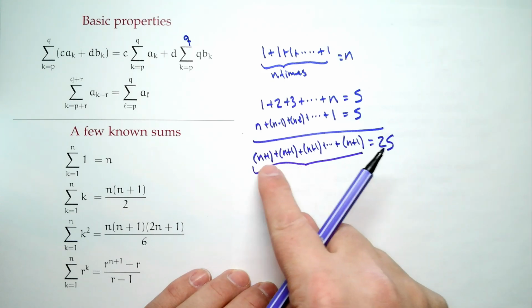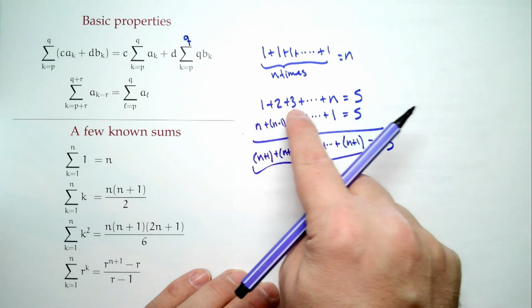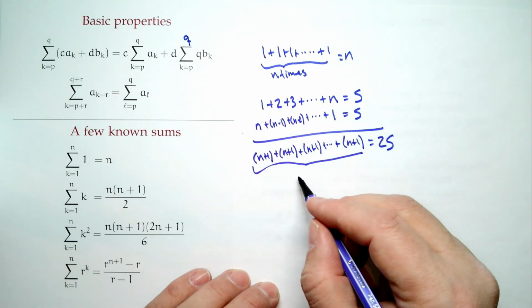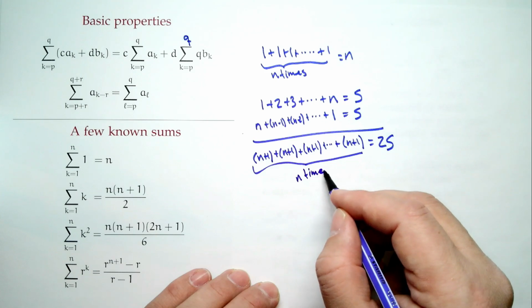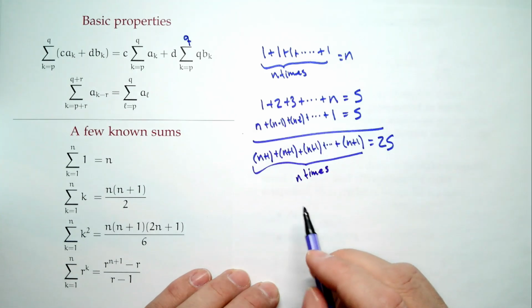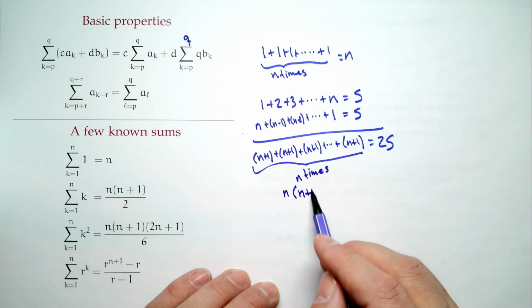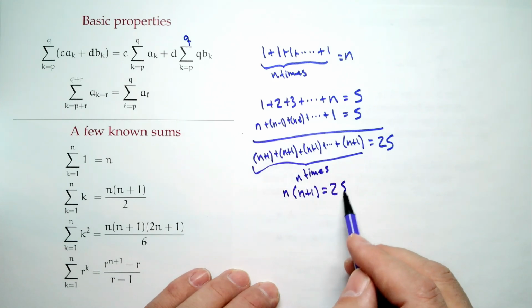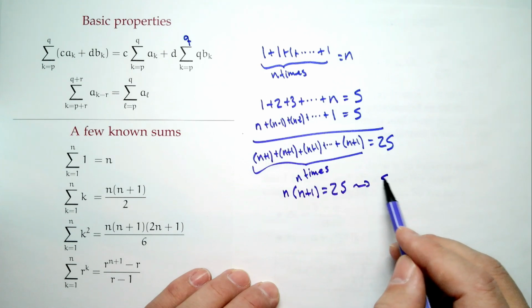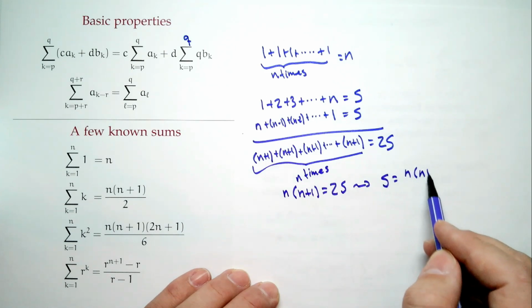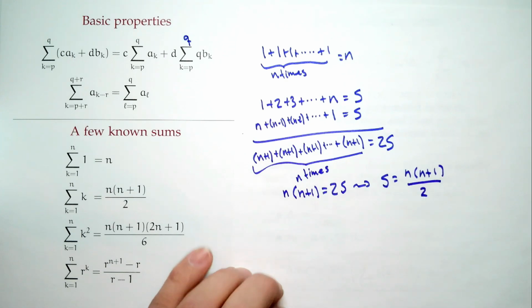Well, we have one term for each thing we started with up above, which means there are n terms. So if I add n plus 1 up n times, what do I end up with? N times n plus 1. That's equal to twice what we're trying to find, and therefore what we're trying to find is n times n plus 1 over 2. There's that one.